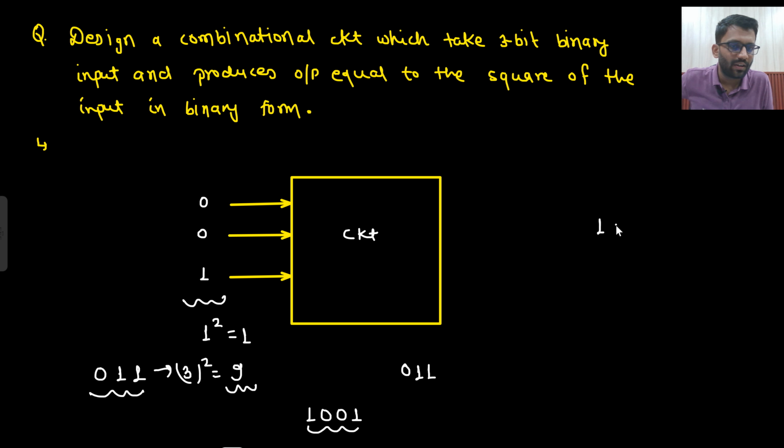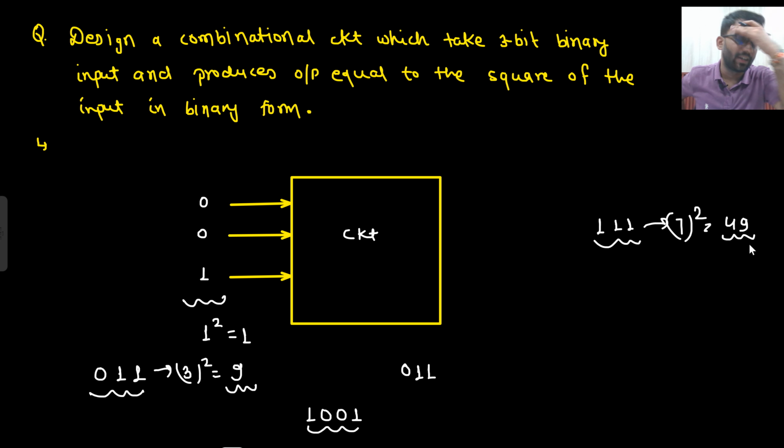If my input is 1 1 1, what is this number? This number is 7. What is the square of 7? That is 49. To represent 49, how many bits do you require? Think and tell me. 6, right? With 4 digits, what is the maximum number you can get? 15, that is 2 to the power 4 minus 1.